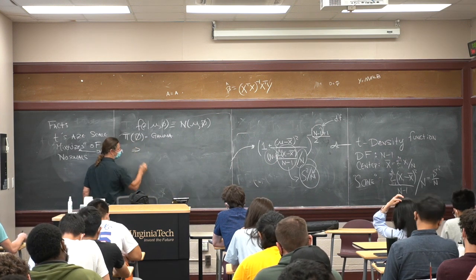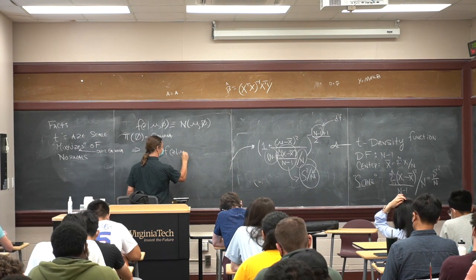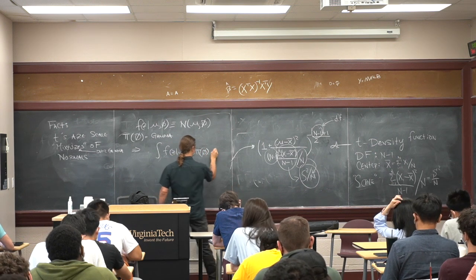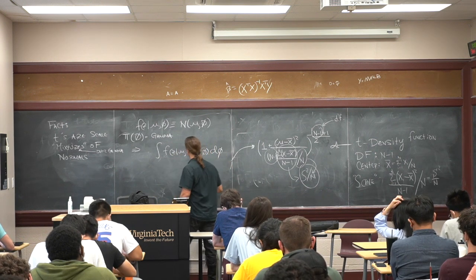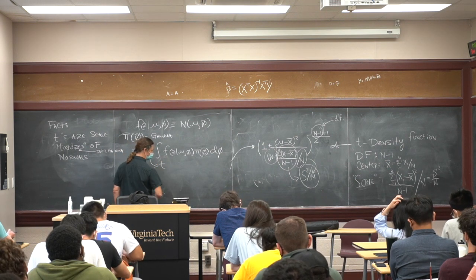Then the integral of f(z) given mu and phi, pi(phi), d phi, this is going to be a t distribution.